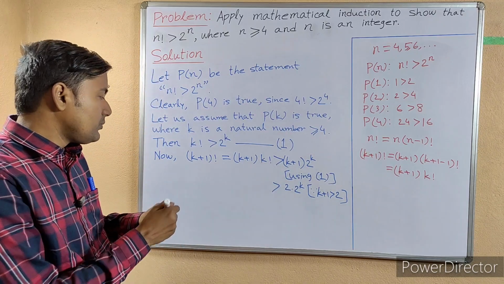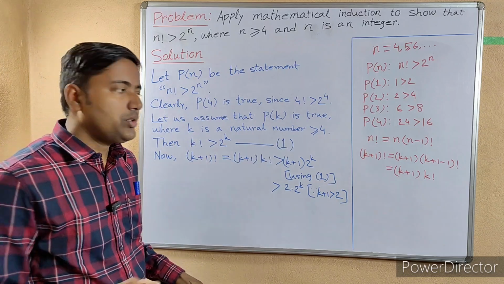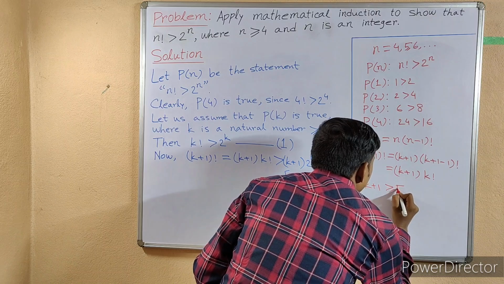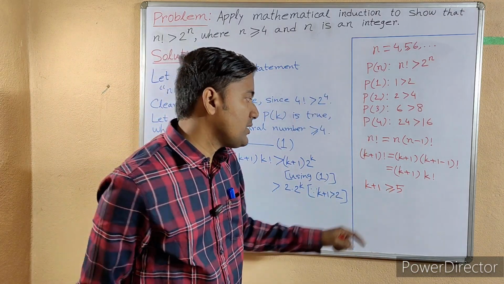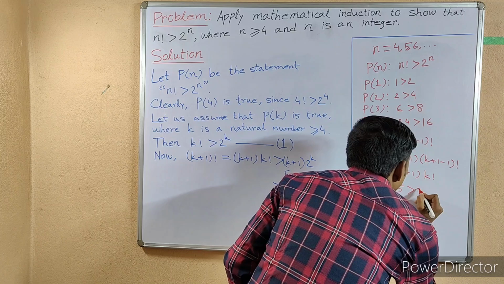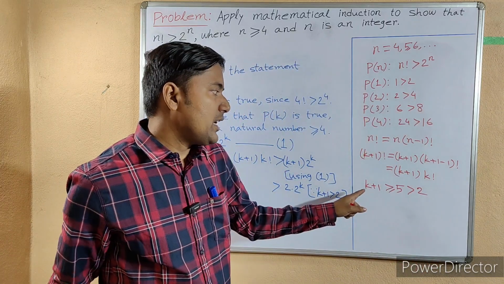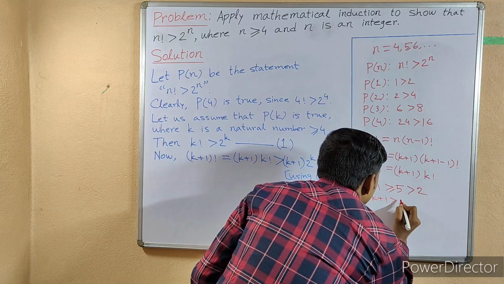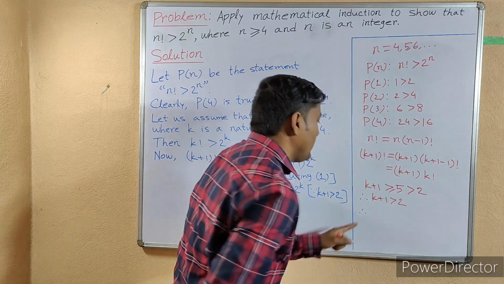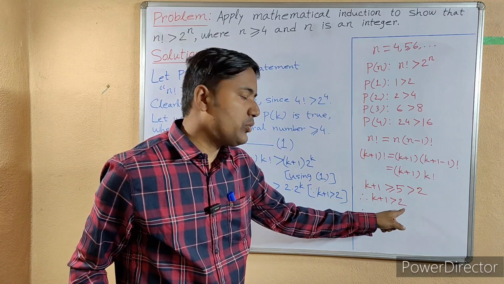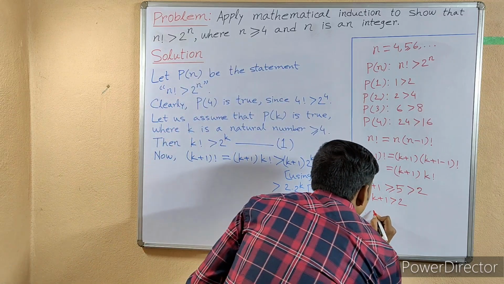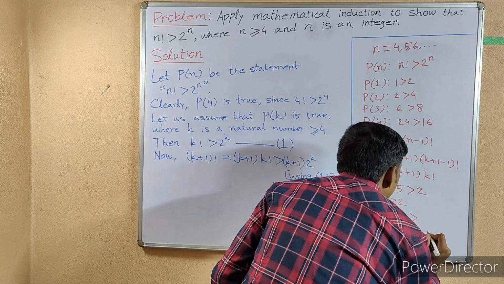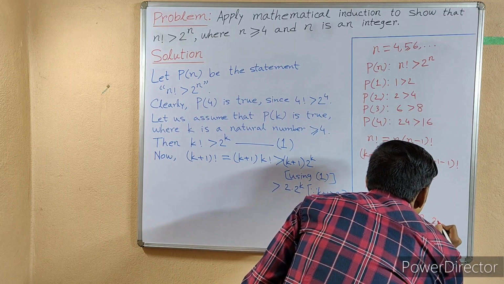Since k is greater or equal to 4, we have k plus 1 is greater or equal to 5, which is greater than 2. Therefore k plus 1 is greater than 2. Therefore k plus 1 into 2 to the power k greater than 2 into 2 to the power k.